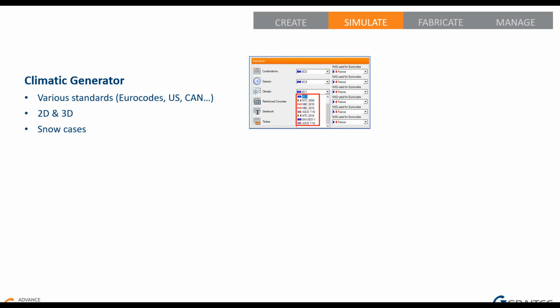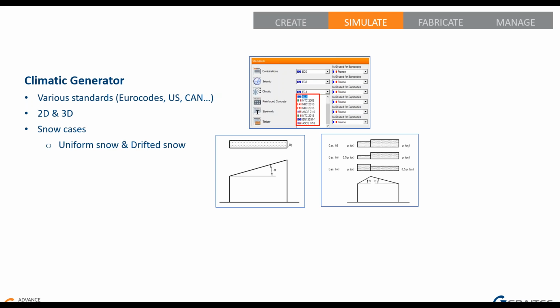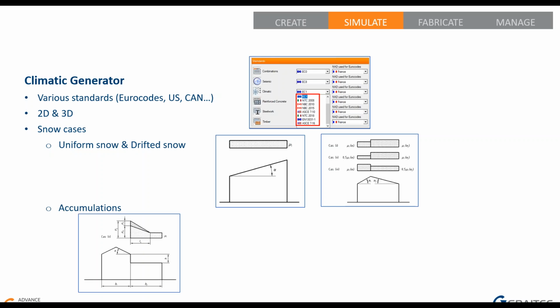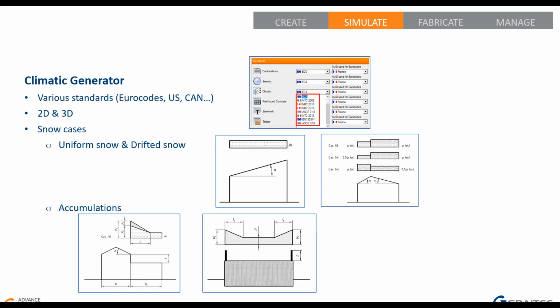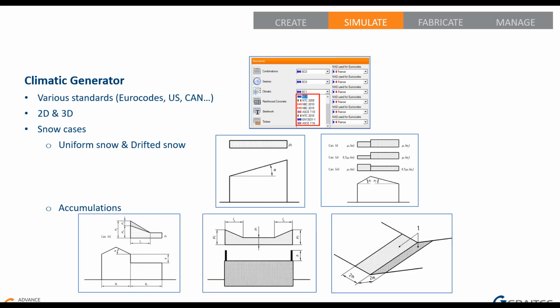So you need it to handle the snow cases, and not just the usual uniform and drifted snow cases, but also all the possible accumulations from the standards, like the accumulation due to a higher building, or the accumulation from parapet walls, or even what we have in some countries, what we call the gutter accumulation.